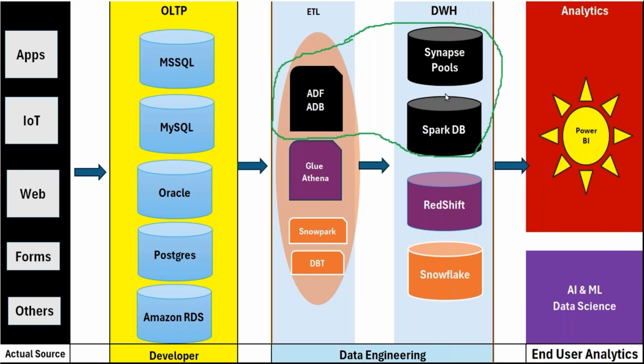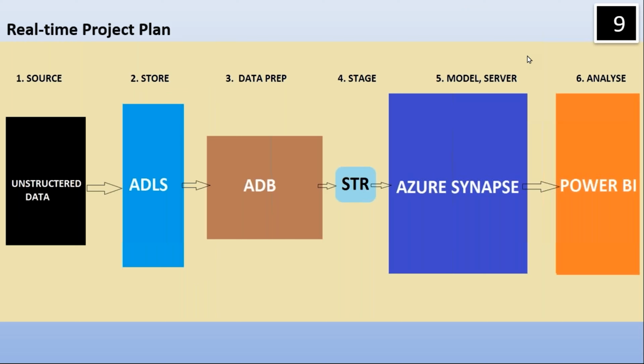With this content, coming to our project work. In our classes, we have a good project for our resume. We'll start with unstructured data. So slowly proceed for storage, data preparation, staging, modeling, and serving.